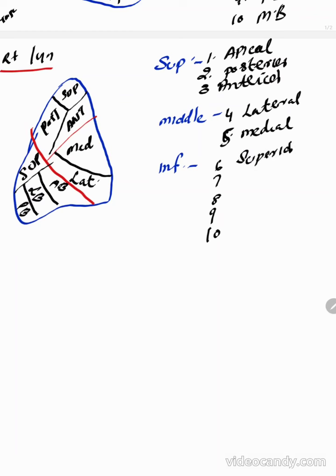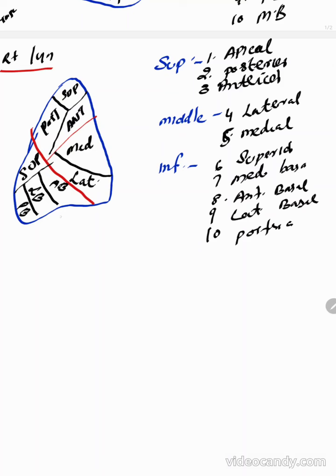Sixth one is superior. Then eighth one is anterior basal. Ninth one is lateral basal. And the 10th one is posterior basal. One is remaining, that is the medial basal.